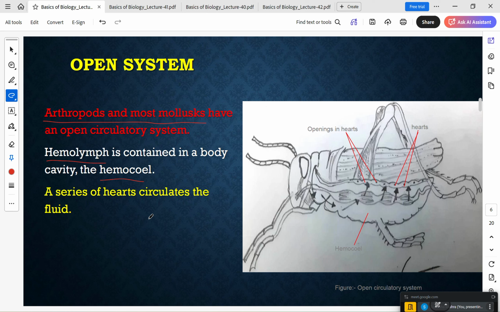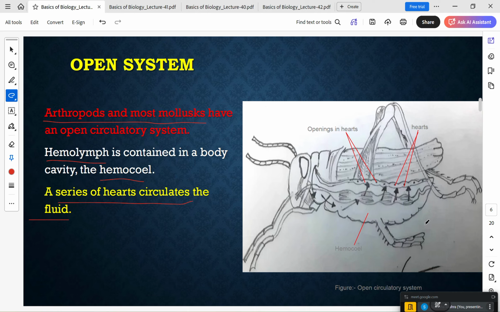In arthropods like grasshoppers or cockroaches, there is a series of hearts that circulates the fluid. Each of these will have their own rhythm of sorts, and that's what enables exchange of different material. There will be certain openings that allow for the diffusion of the hemolymph out of the hemocoel.